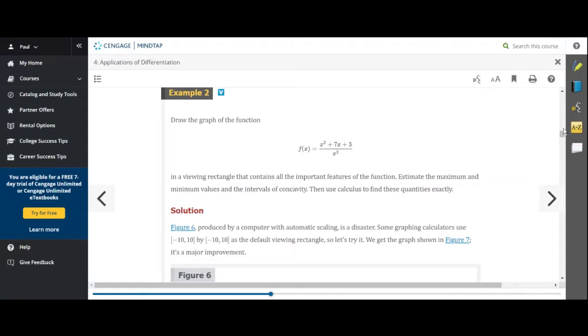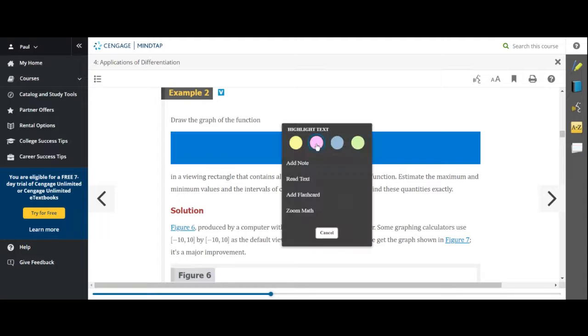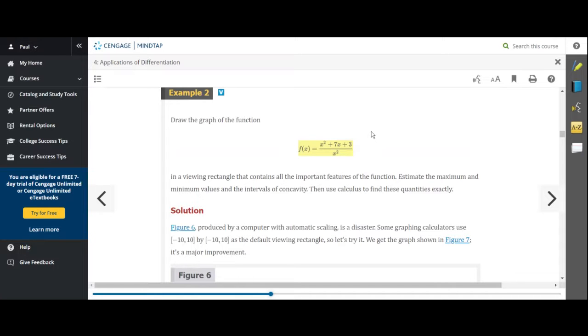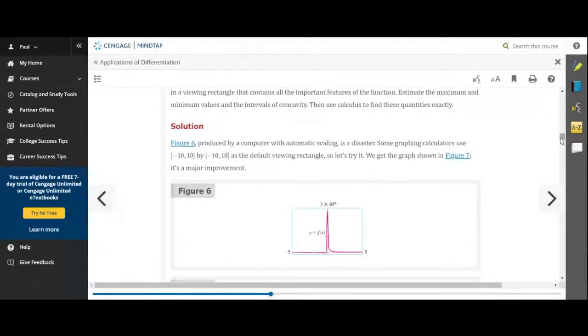So the book then goes to a rational function here, and they want you to draw the graph of this function. And they make a comment that if you were to just use a computer with automatic scaling, like for instance MATLAB, when you take your 200 level courses, you'll work with computer programming called MATLAB.